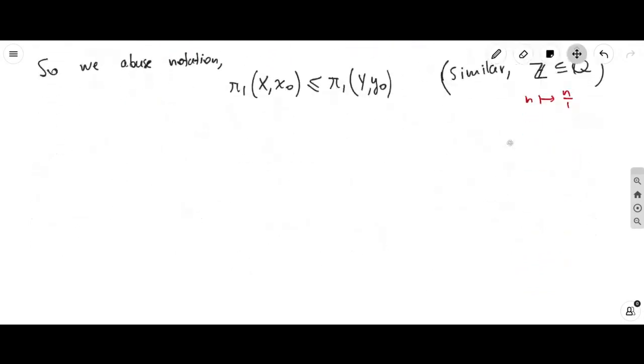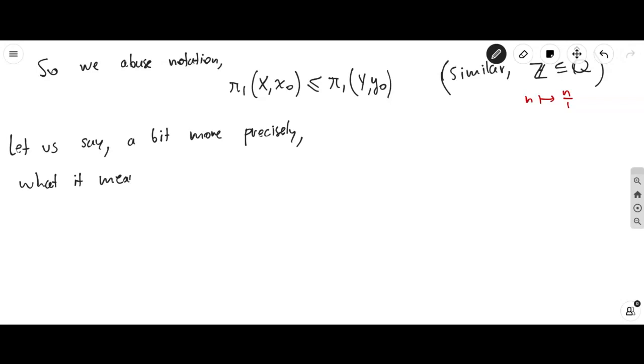Now, let me also perhaps say this. Let's make this a little bit more precise. So let us say a bit more precisely what it means for, so let's say we pick a loop in Y. Again, it's really a homotopy class.